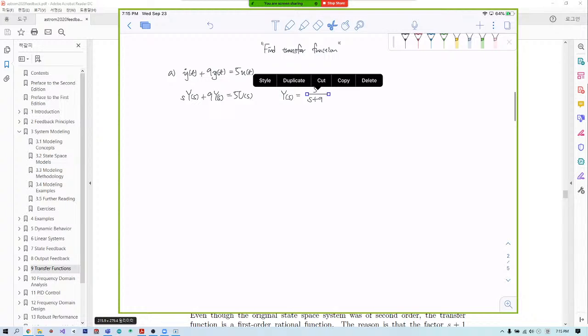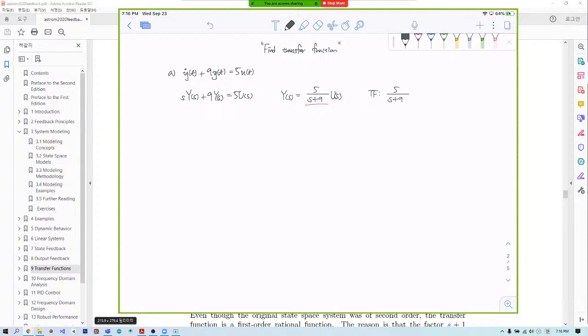So what we have here is our transfer function. So it's very easy, right?